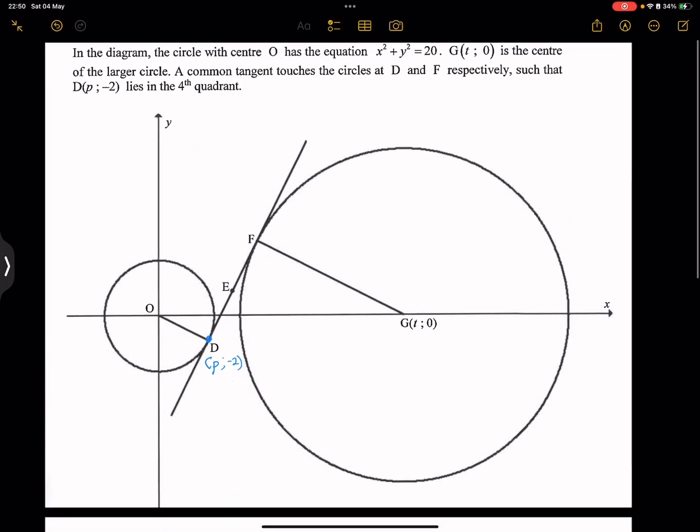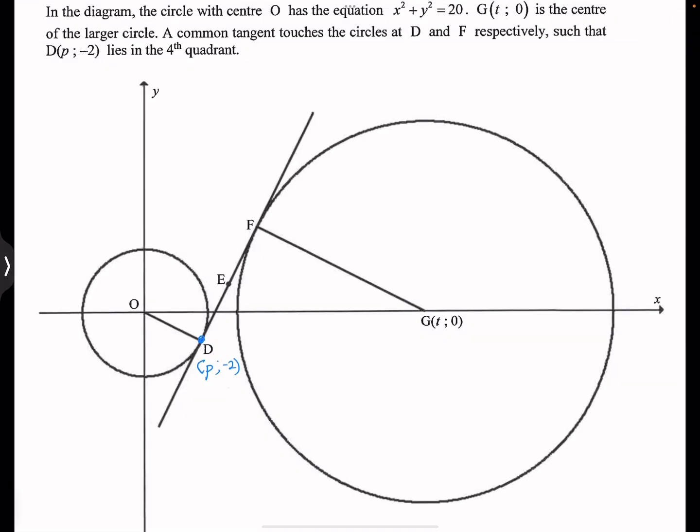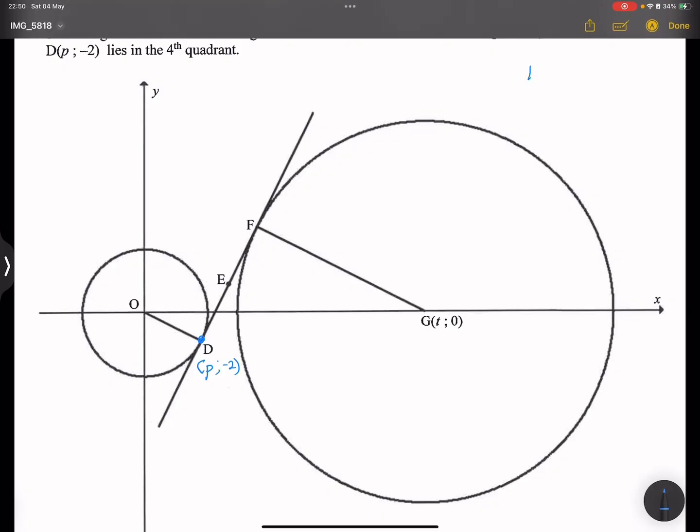We remember that the equation of our circle is x squared plus y squared equals 20. So where x is P, that would be P squared plus our y squared, which is negative 2 squared, and this is equal to 20.